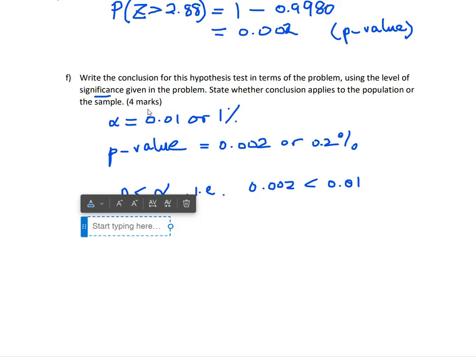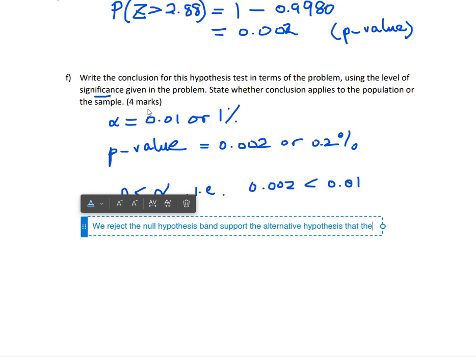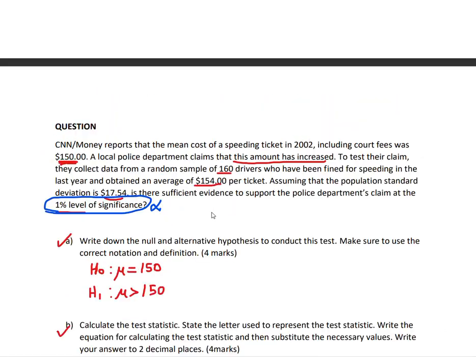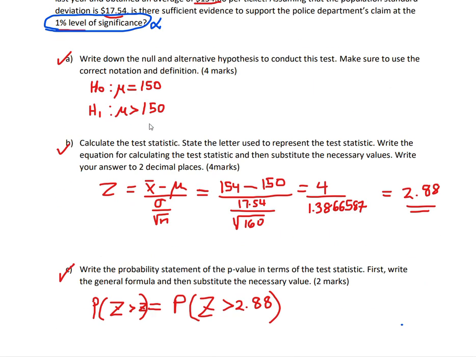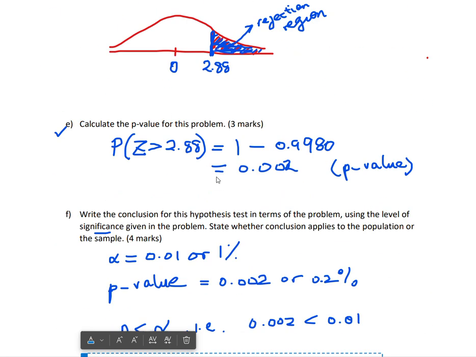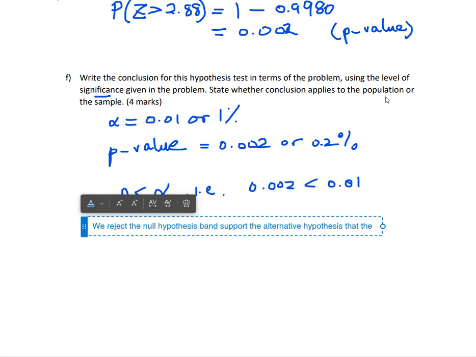So what we're going to conclude here is that because p is less than alpha, we reject the null hypothesis and support the alternative. The alternative says that the mean cost of speeding tickets has increased, which is what the alternative hypothesis specifies here, that the mean is now greater than the old value.